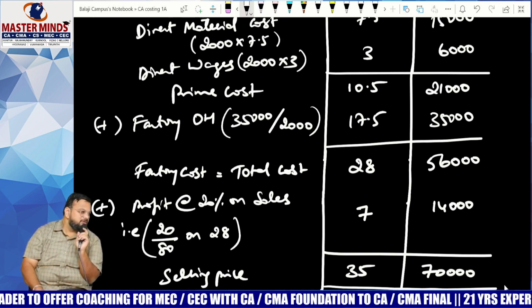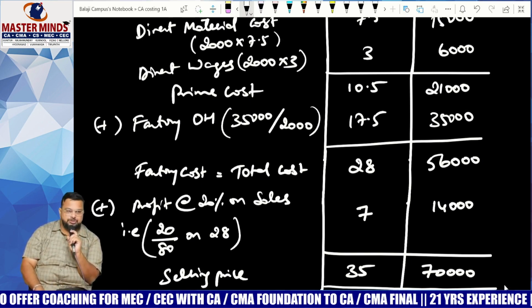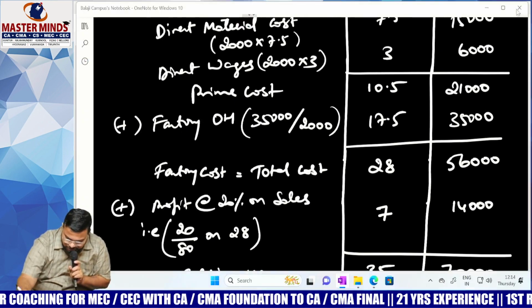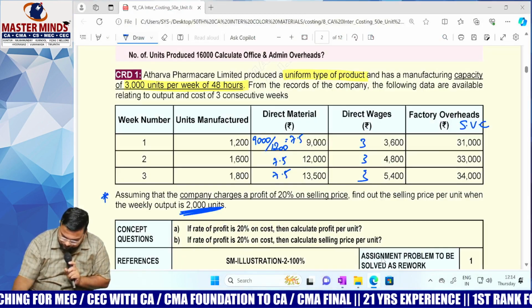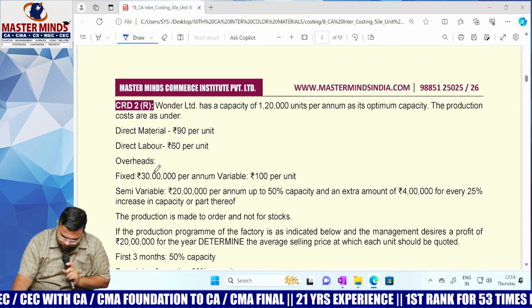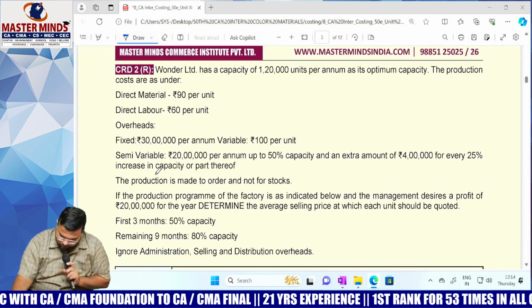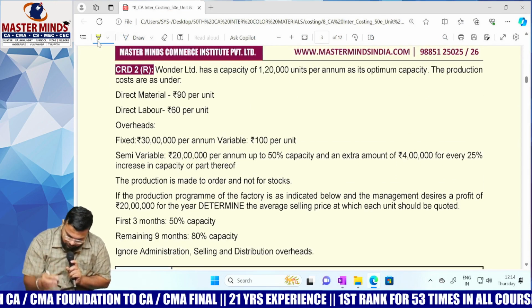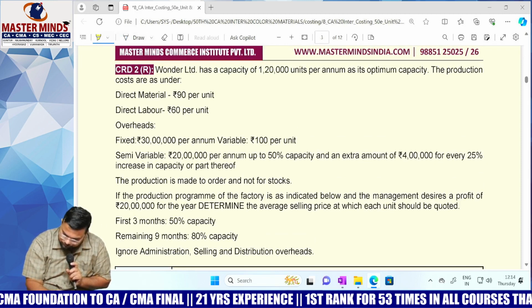Calculation of semi-variable cost. Okay. So let me start CRD2. This is the point that I was talking about.